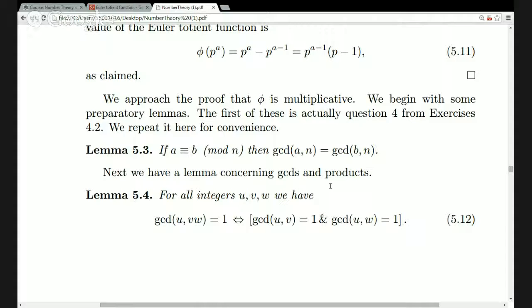So these are some small little preparatory lemmas we need for establishing that the function phi is multiplicative. So we should return to that now. So we give a proof of 5.4 here.